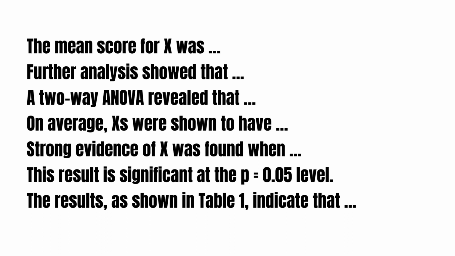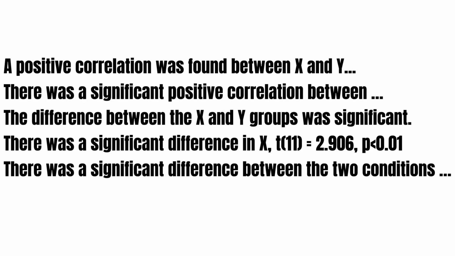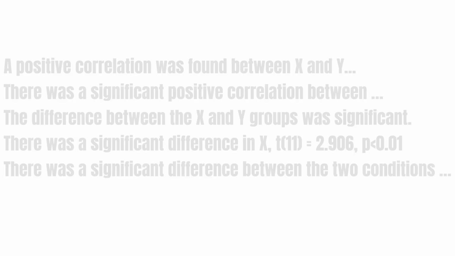The results, as shown in Table 1, indicate that a positive correlation was found between X and Y. There was a significant positive correlation between... The difference between the X and Y groups was significant. There was a significant difference in X, t(11) equals 9.06, p less than 0.01. There was a significant difference between the two conditions.